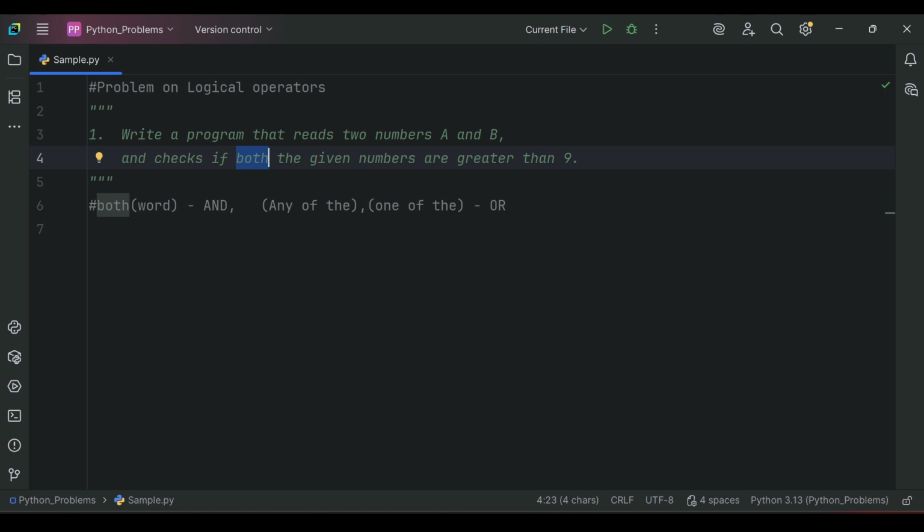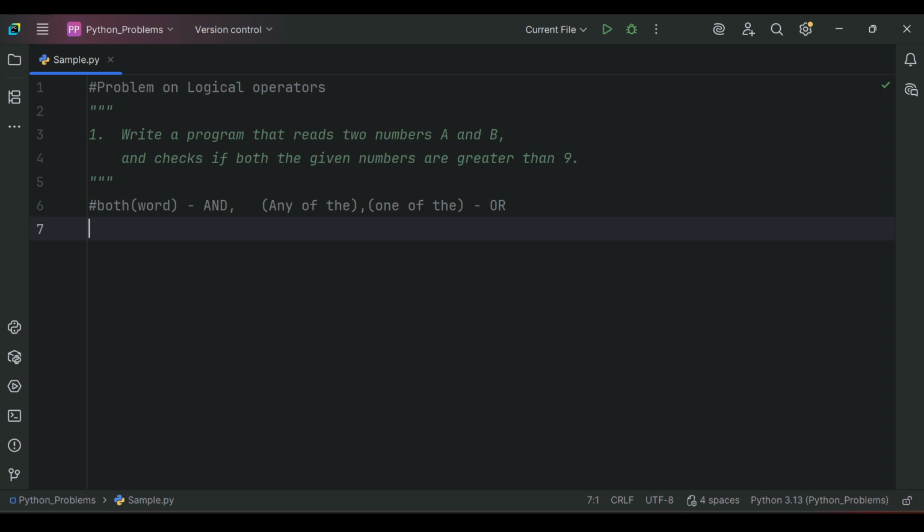Then, based on those inputs, we prepare some conditions. After preparing the conditions, finally we apply the operator. We will see this practically.